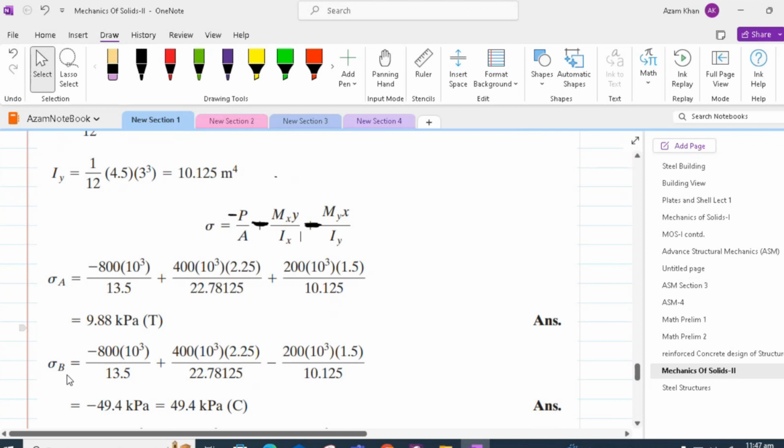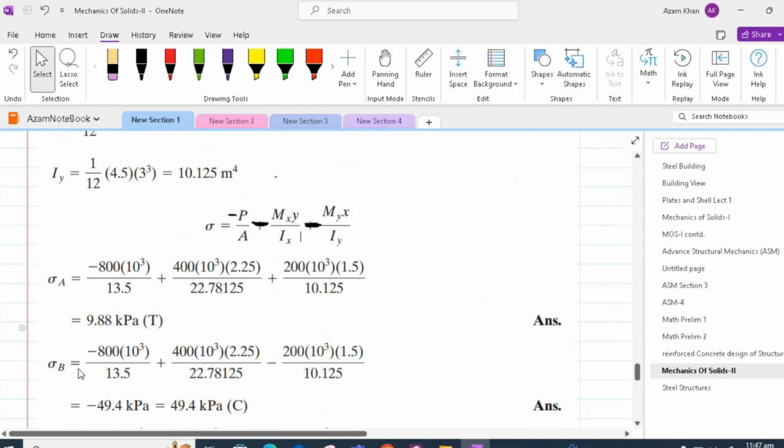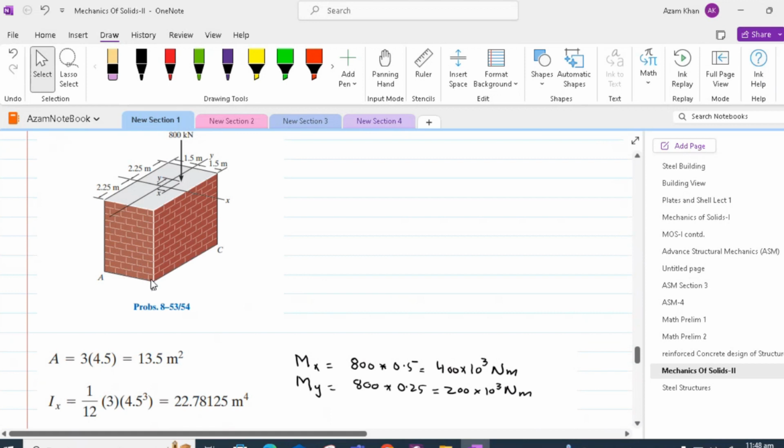Similarly, we can find the combined stress at point B by plugging the values in the same equation and making the corresponding use of y and x. In other words, the variables in this equation will stay the same. It is only the values of y and x whose sense would determine which corner stress we are interested in.